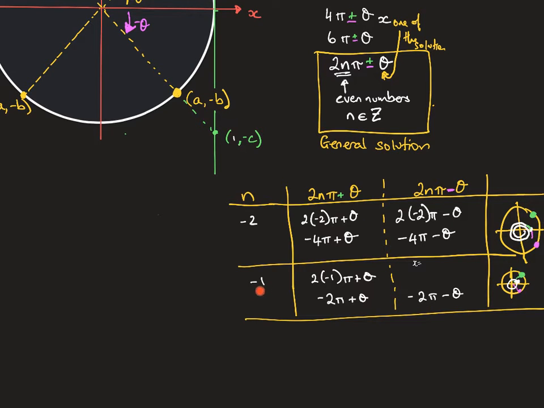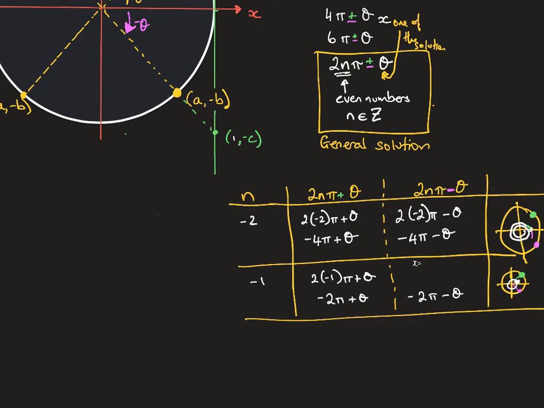And you can see that for n is minus 1, we get minus 2 pi plus theta, minus 2 pi minus theta, which again gives us our correct quadrants and correct angles. So all we have to do is find one of those first angles and it works.